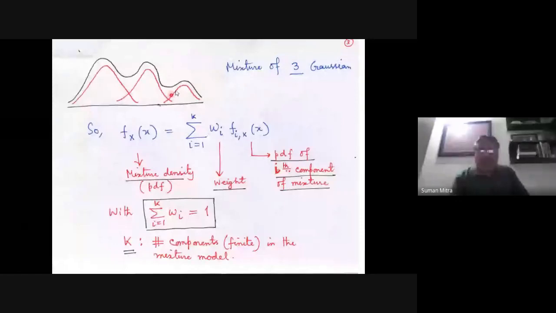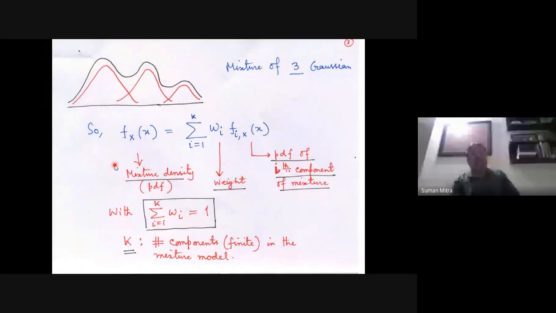So this is the PDF of the ith component of the mixture, and this is called the weight. The sum of these, the weighted sum of known probability distributions, is called the mixture density. If each ith component for i equal to 1, 2 to k is Gaussian, then we call this a Gaussian mixture model.